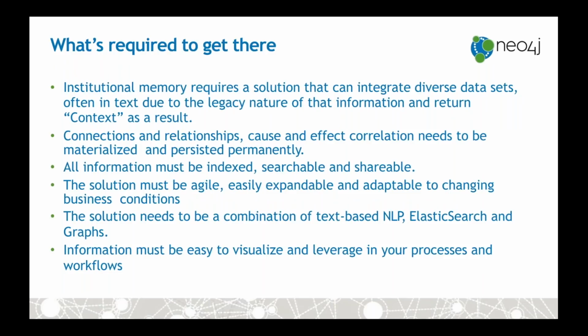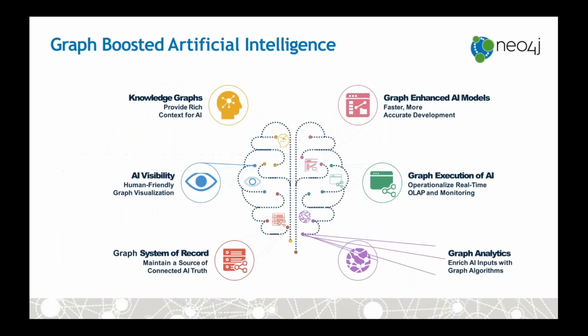How do we integrate diverse data sets, and how do we maintain those connections? Again, you're going to need a variety of tools like natural language processing, Elasticsearch, and of course graphs underpinning everything. And very importantly, as I've mentioned a couple of times already, the information must absolutely be searchable, because we need to get that information out.